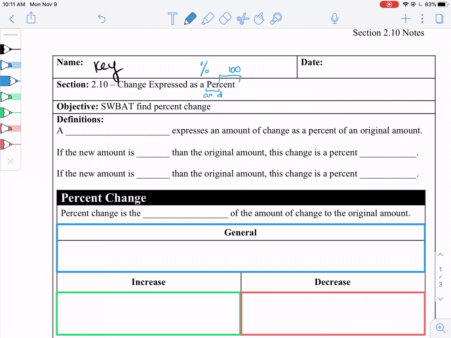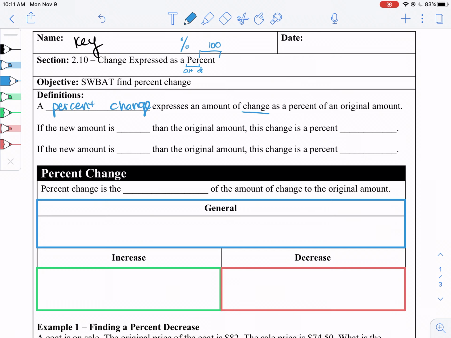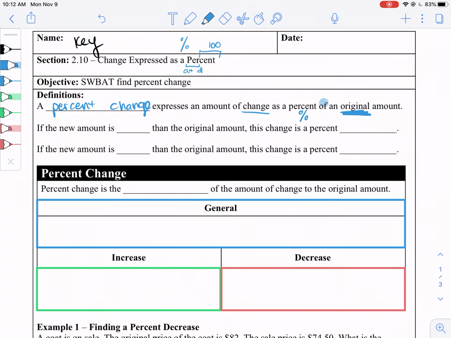Now when I talk about percent change, it refers to an amount that can be dollars or height or anything, any amount of change that's expressed as a percent of the original amount. So check out this "of" right here.